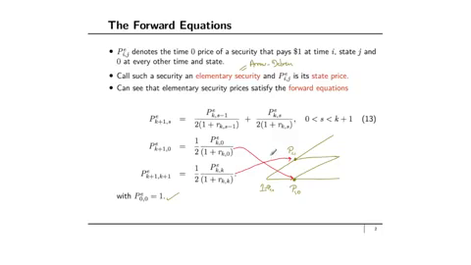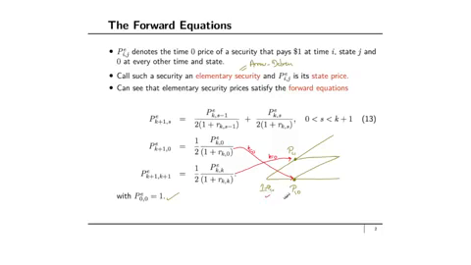In this case, we would take k equal to 0, and in this case, we would take k equal to 0, and that is how we can calculate the state prices at time 1.